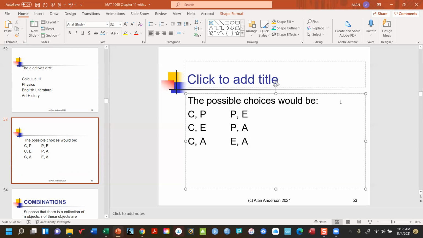Now, here's the thing I want to draw your attention to. If you notice, I don't have P comma C listed as a separate choice because it amounts to the same thing. In other words, calculus and physics are my two electives. The order in which I write those doesn't influence anything. So I don't need to separately include PC, EC, for example, AC. So in other words, I only want the ones where there's two unique choices. So altogether, as you can see, there are 6.